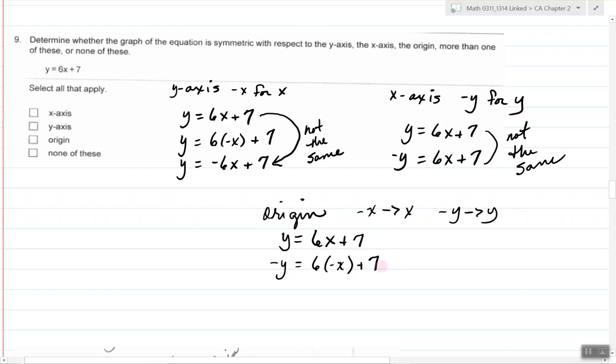Let's simplify this and see if it's the same. Well, that's negative y is equal to negative 6x plus 7. There's nothing I can do. These are the ones I'm comparing, the original to the changed, and they are not the same. So it is none of these.